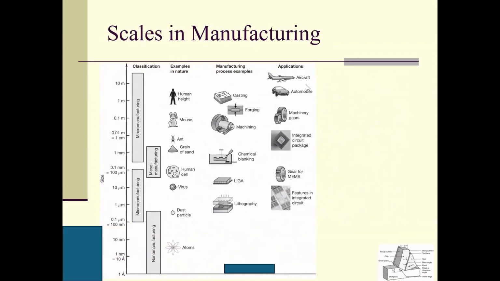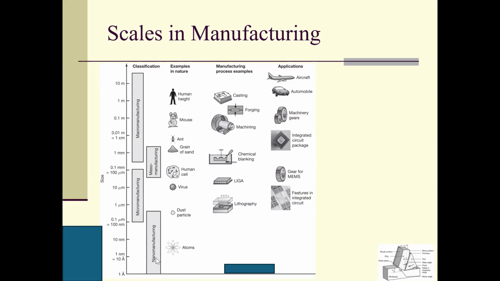The scales in manufacturing. So here is the size of this angstrom, and 10 angstrom equals 1 nanometer, right? 10 angstrom equals 1 nanometer. This is 1 nanometer to 10 meter. So this is the classification.